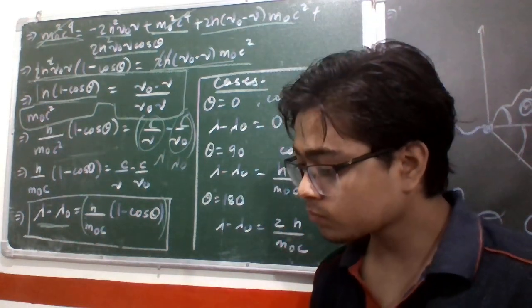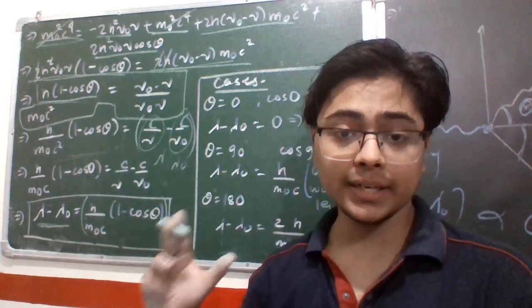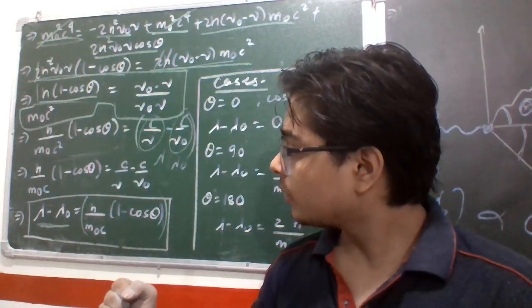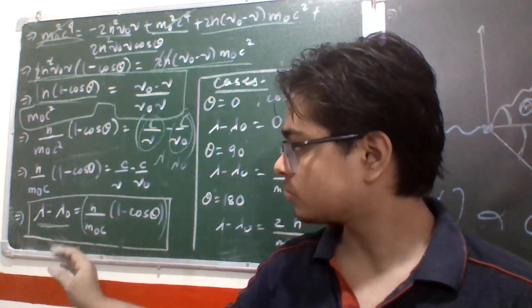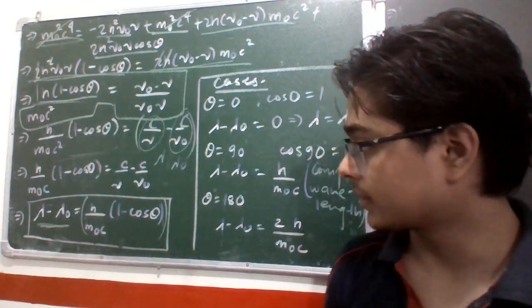So it means the more the mass of the electron, or the mass of the particle which scattered the X-ray, the greater the change is. Okay, no, no. The greater the mass, the lesser the change in the wavelength.